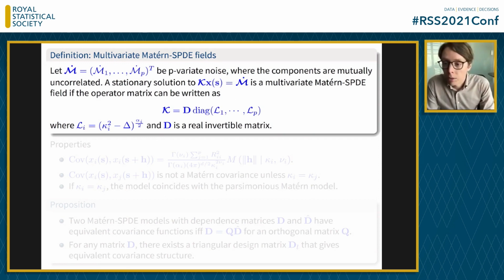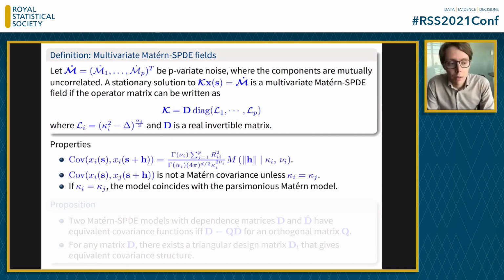And if we make that restriction, we can actually show that the marginal covariances, so the covariance function for the ith dimension in this multivariate field, is of Matérn type.